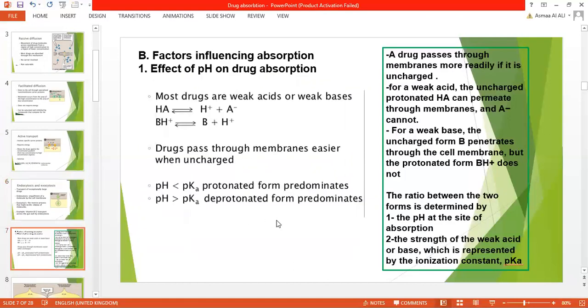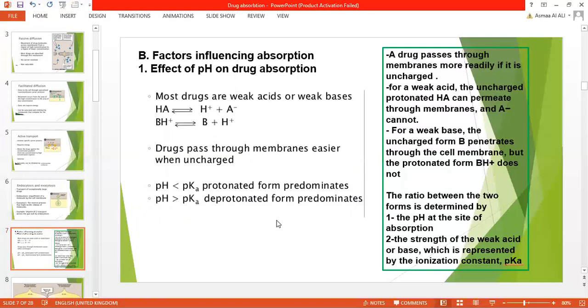There are some factors influencing absorption. What are these factors? Firstly, pH, the effect of pH on drug absorption. Actually, most drugs are either weak acids or weak bases.